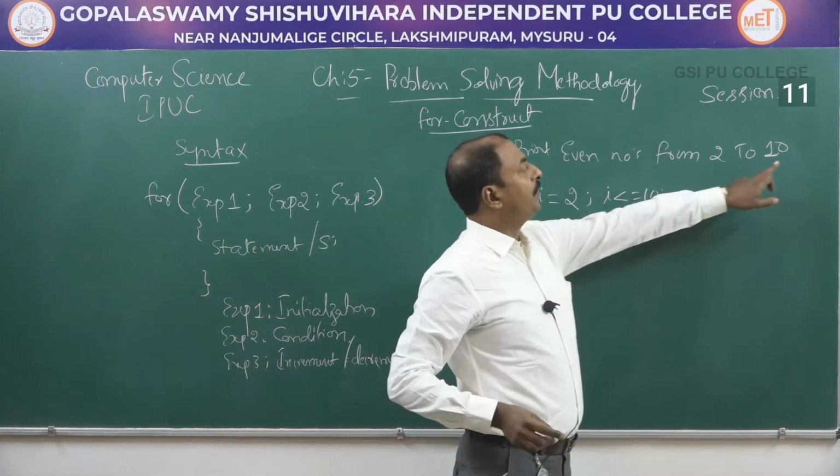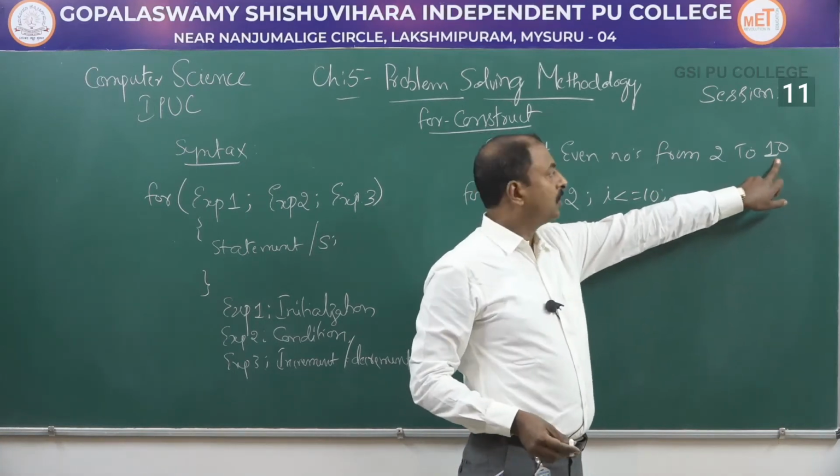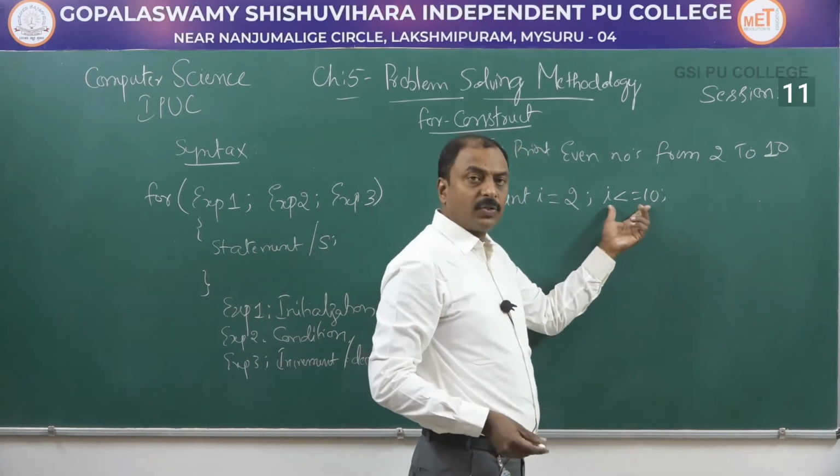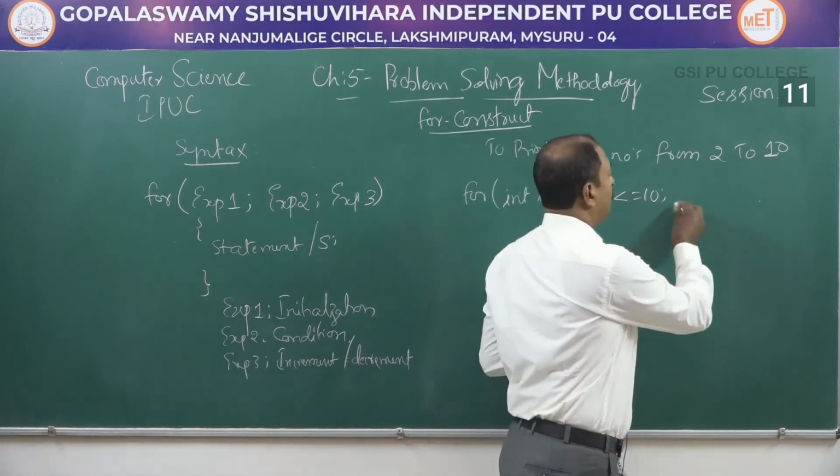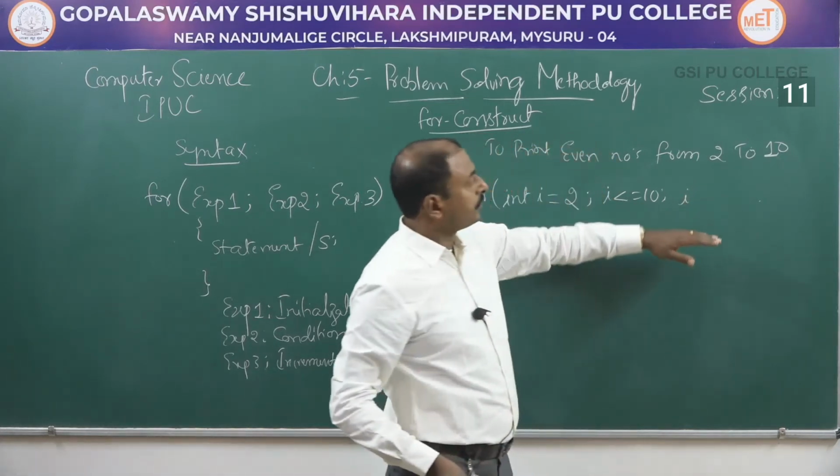So here I want to stop exactly at 10. So the condition is i less than or equal to 10, and now I want to print even numbers.